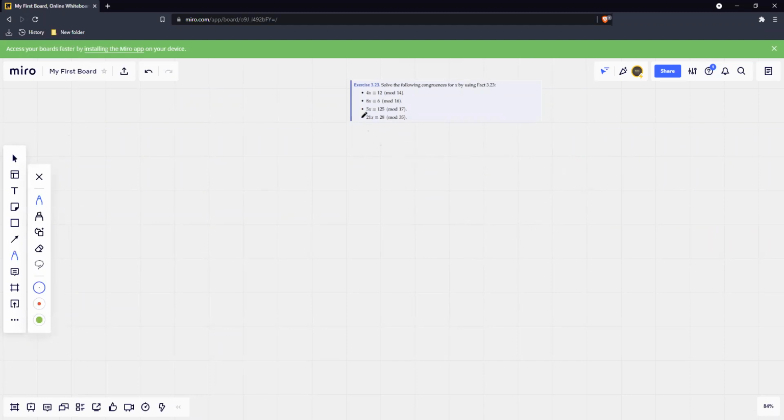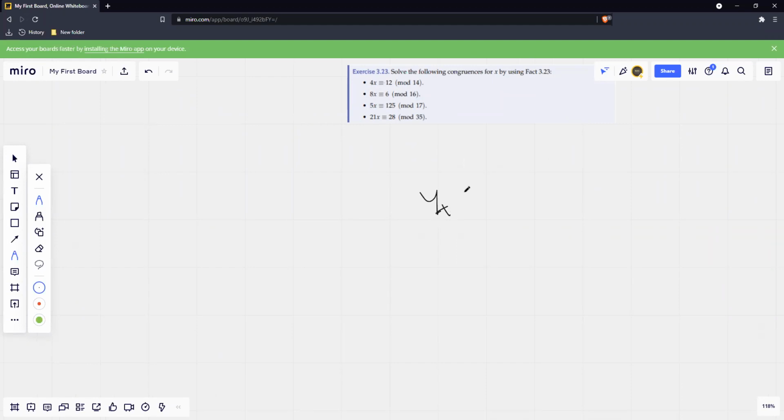Okay, second question. Here we want to divide by 2 because of 8 and 6, right? If we divide by 2, we get 4x is congruent to 3, and the modulus is 16 over the GCD. We divided everything by 2, and we have the original number, 16. So 4x is congruent to 3 modulo 8.